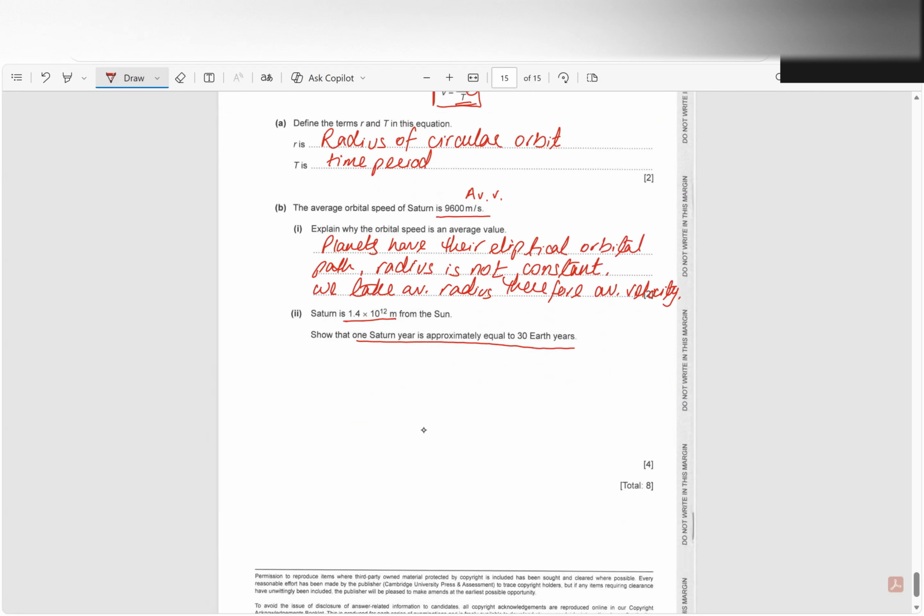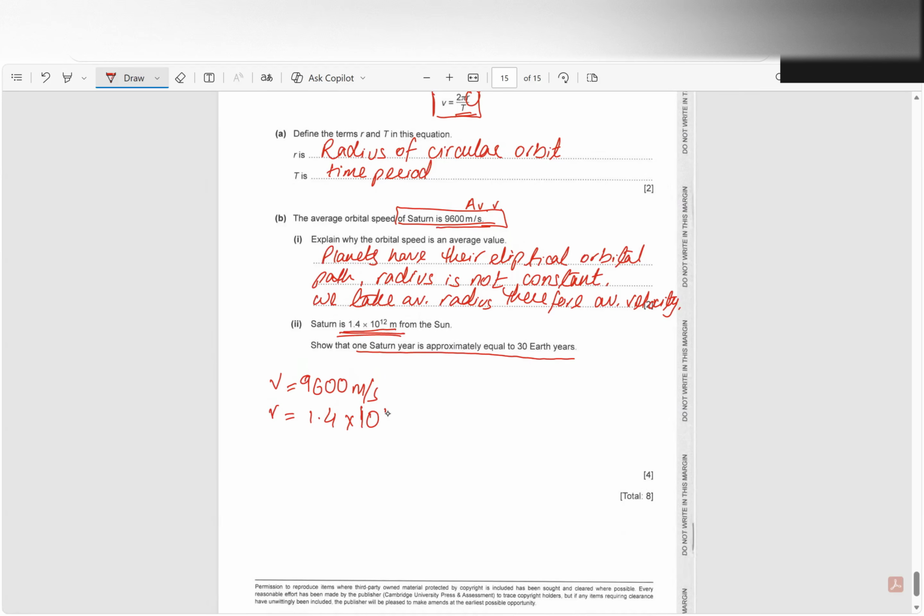So we have Saturn's average velocity. We're going to simply write here, velocity is equal to 9600 meters per second. We have the distance from the sun, in other words the radius value: 1.4 into 10 raised to power 12 meters.